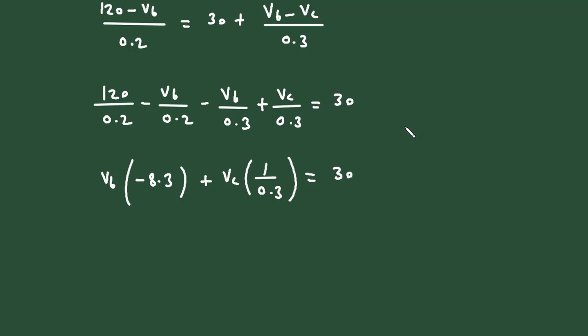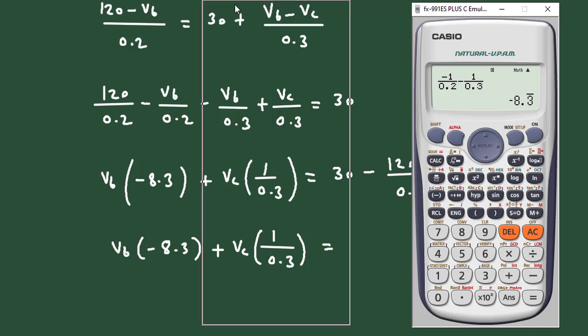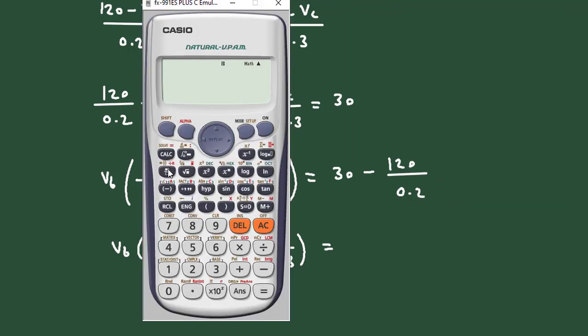And if we take this on right side, it will be minus 120 divided by 0.2. So again this will be VB in bracket minus 8.3, then plus VC 1 upon 0.3 is equal to 30 minus 120 divided by 0.2.